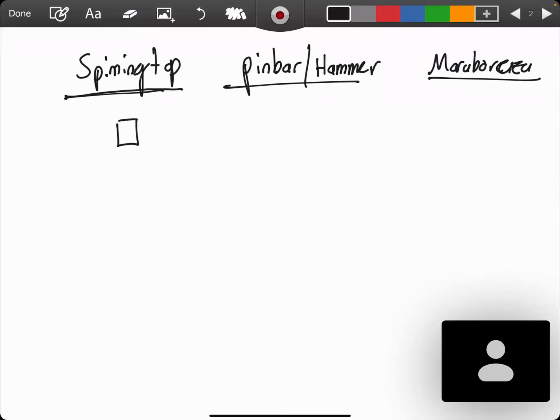So your spinning top candle is going to be our indecisive candle. I spelled that wrong, but our spinning top, nonetheless, is our indecisive candle. This is where price action is at a standstill and at equilibrium, where our buyers and sellers are trying to figure out which direction they're going to go in next, right?